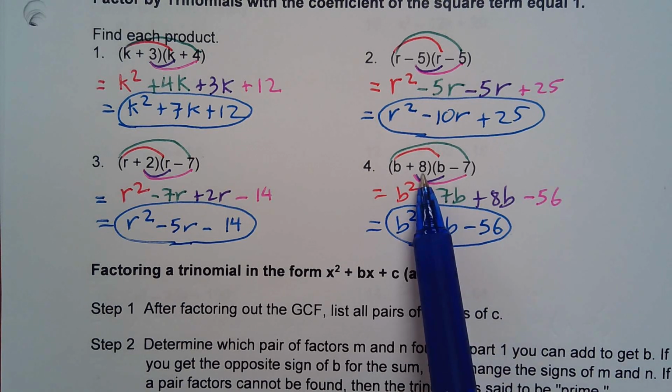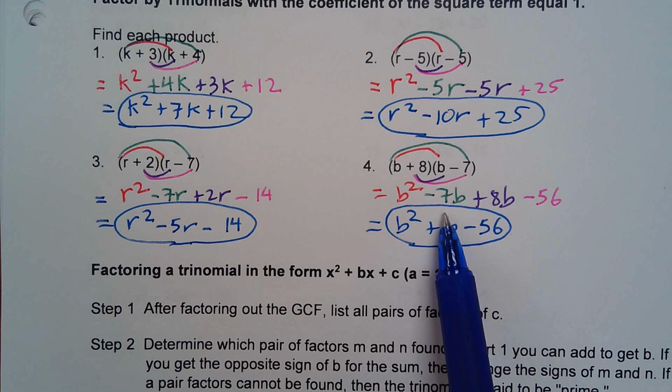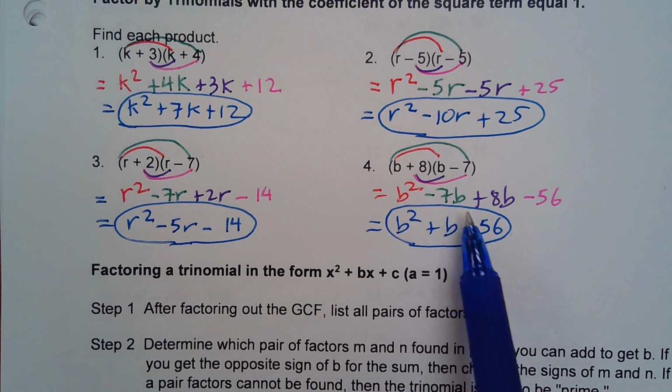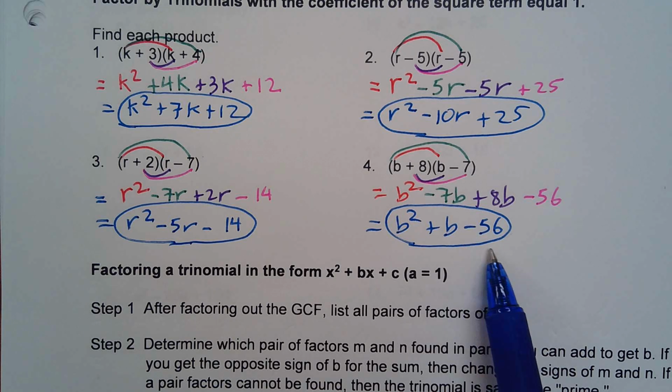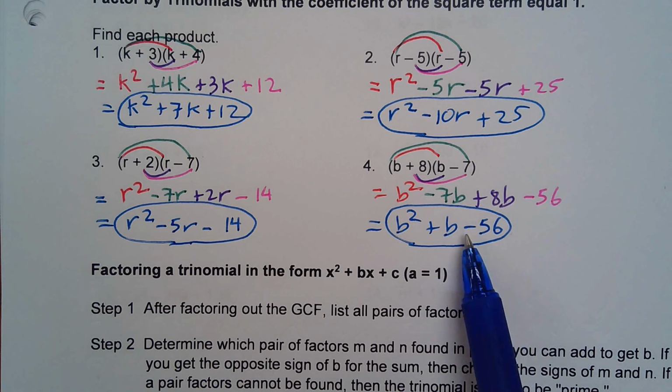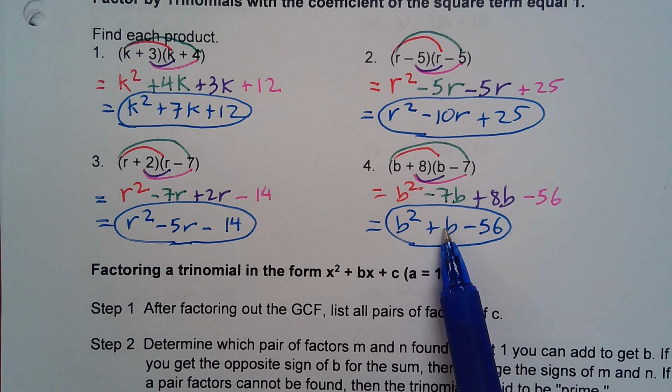Also notice that these numbers here add up to 1. That gives me the coefficient here. So if I have to go from scratch from here to here, I'm going to first list the factors of negative 56 until I find a pair that add up to the coefficient of the middle term.